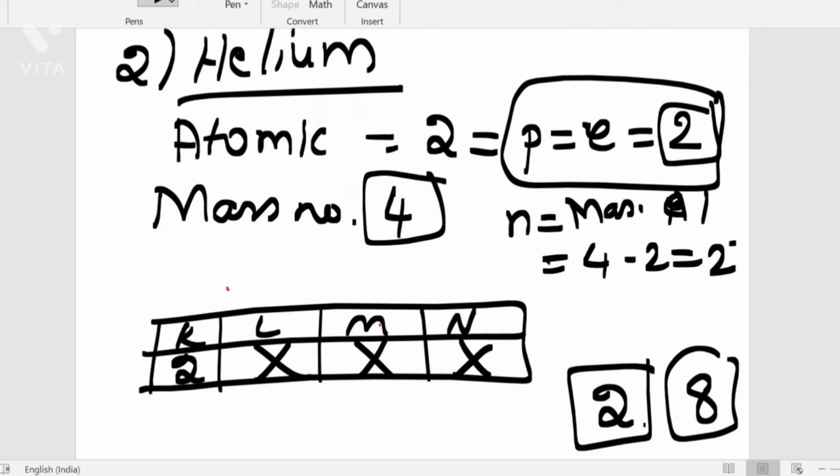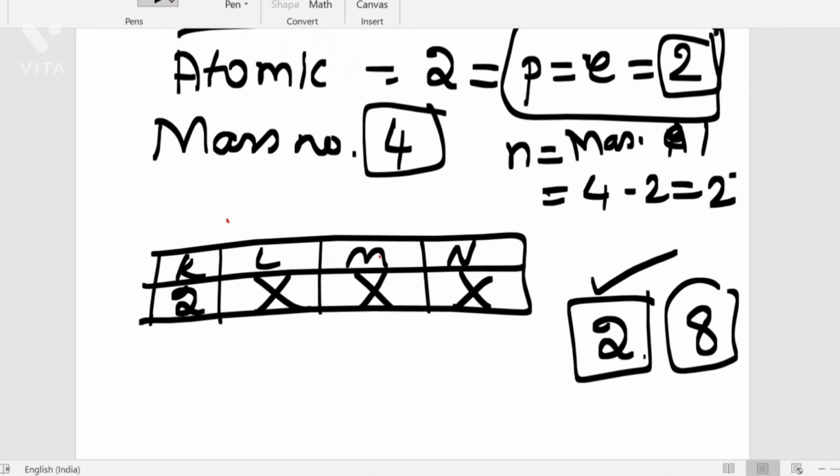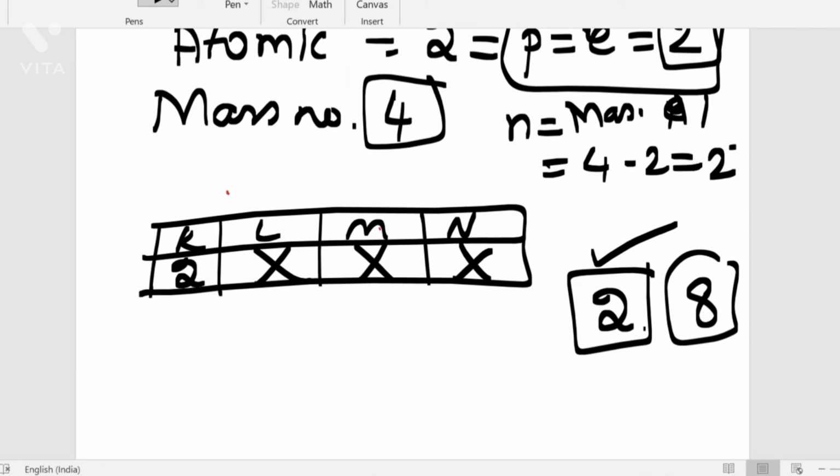Such types of elements are called noble gases. And here you can see 2. It has 2, which means it is a type of noble gas. It does not undergo any chemical reaction and does not donate or accept any electron.